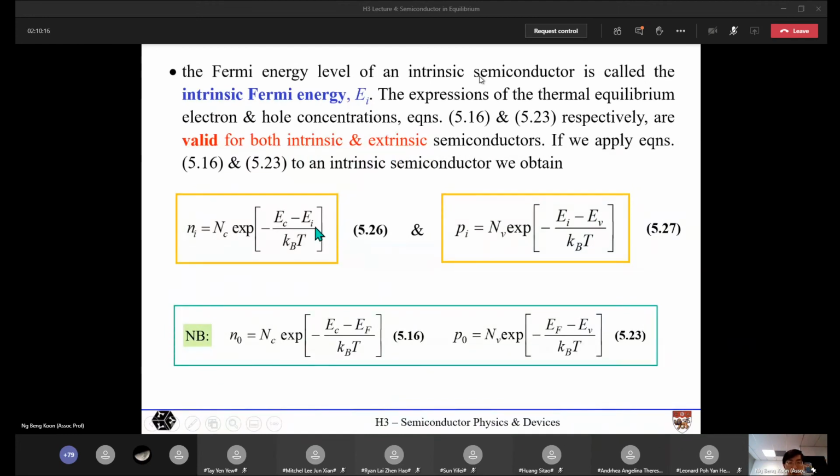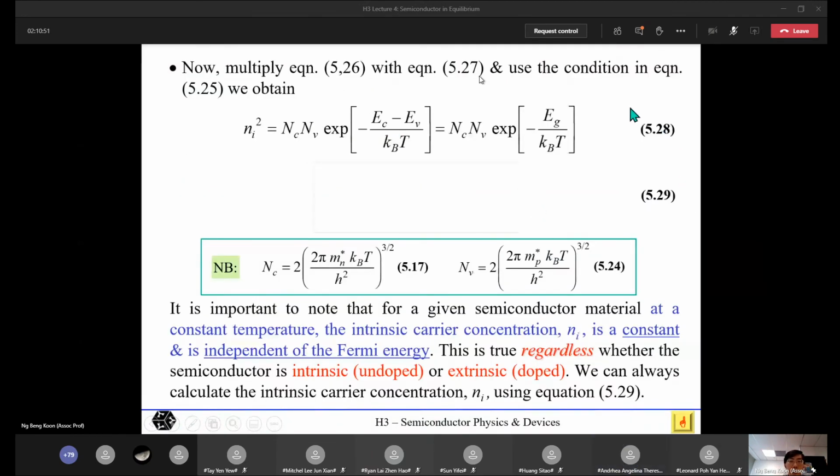That gives us this equation, applicable for pure semiconductor material. Similarly, replacing P0 with Pi and EF with EI, you get this expression. These two equations are a subset of N0 and P0, specifically for pure semiconductor.